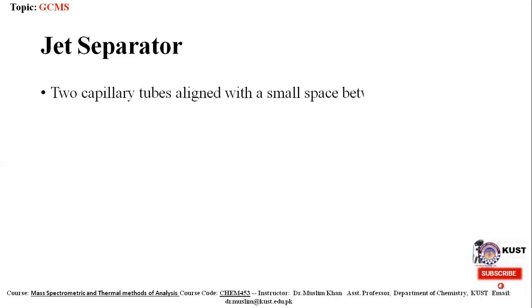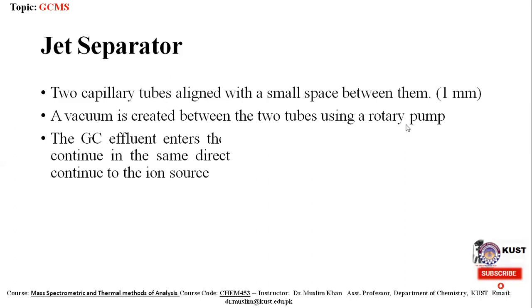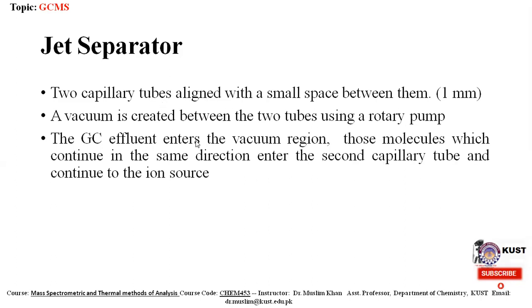In a jet separator, there are two capillary tubes aligned with a small space between them, about 1 millimeter. A vacuum is created between these tubes using a rotary pump. The GC effluent enters this vacuum region.